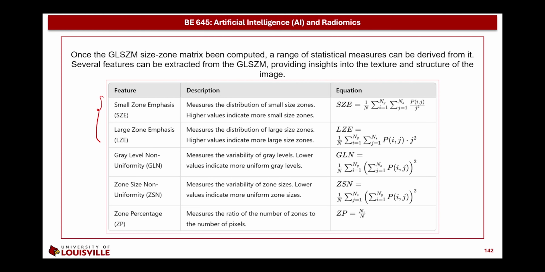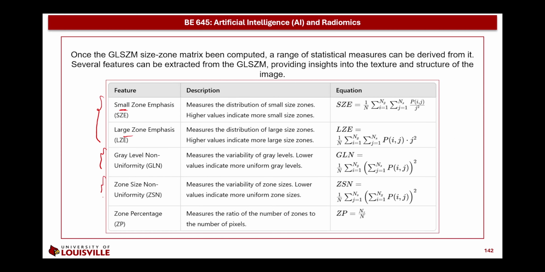There are small zone and large zone emphasis that measure the distribution of small and large sizes respectively, and higher values of the small zone will indicate more small size zones, and higher values for large zone will indicate more large size zones. The gray level non-uniformity will measure the variability of gray levels, and lower values will indicate more uniform gray levels across the image.